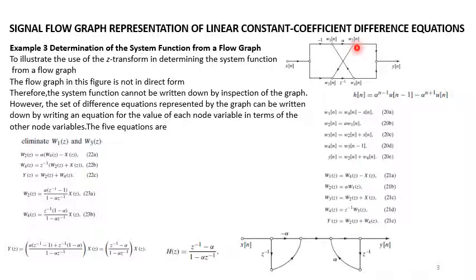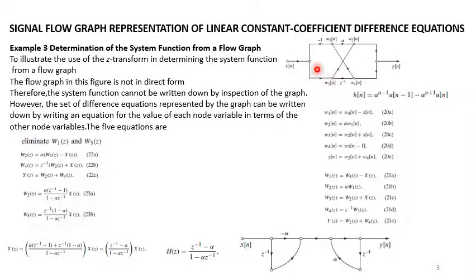Similarly, for the second case, W2[n] has the input W1 times alpha. So W2[n] equals alpha times W1[n]. Similarly, for W3[n], we have two inputs: one is W2[n], and the other one is x[n].